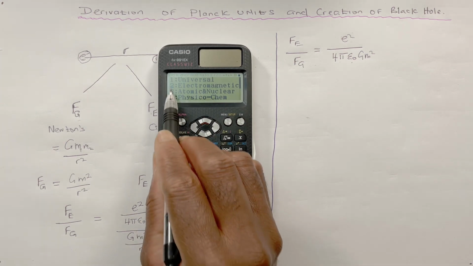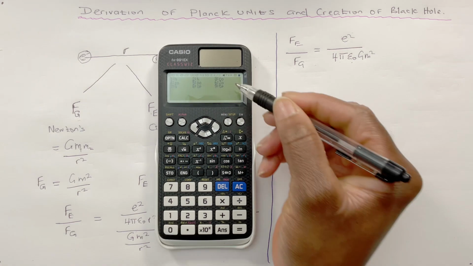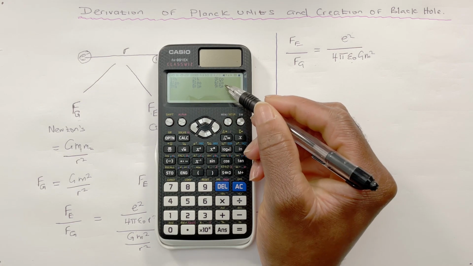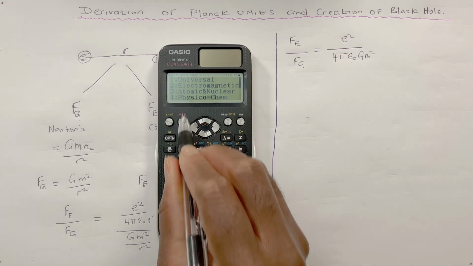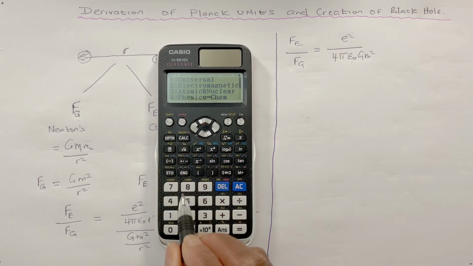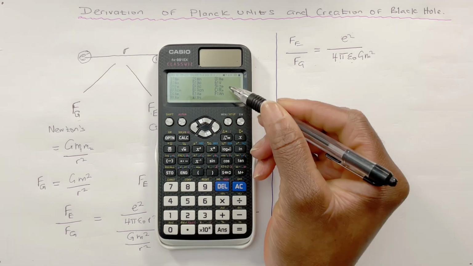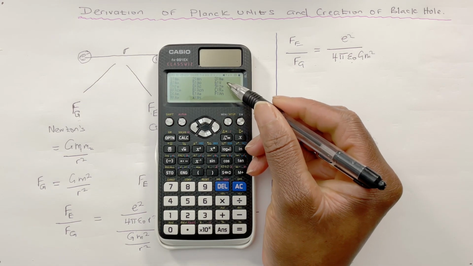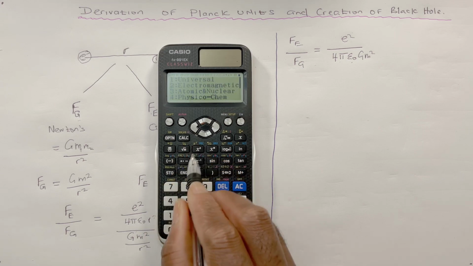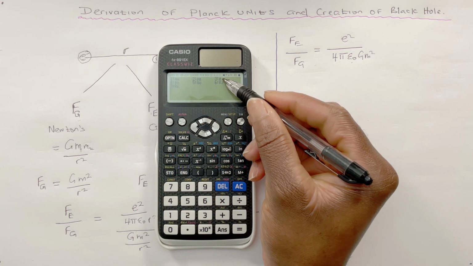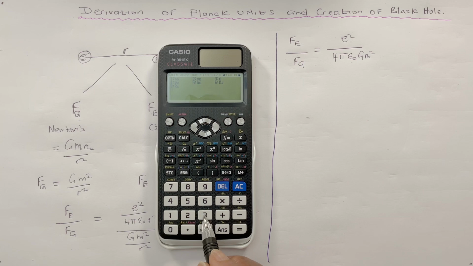I need a universal constant, and actually the e value is not here, so I could look at the atomic nuclear, number 3. Do I see the e value there, the charge? It's not there. Let's go back again and try number 2. Yes, the e value is 3, so press 3 there.